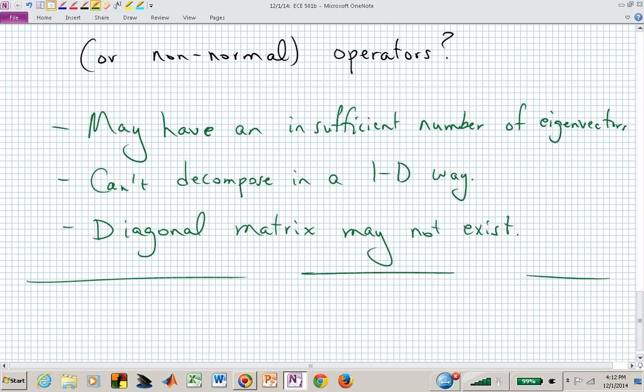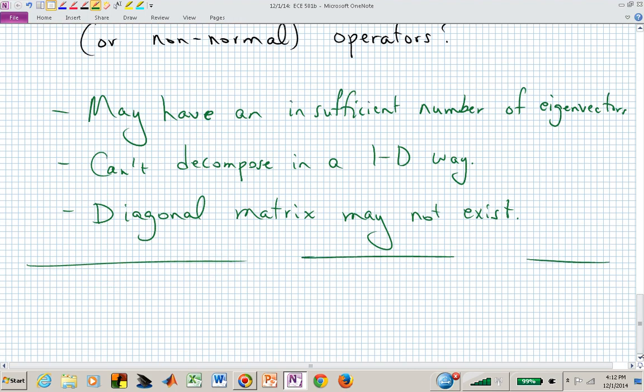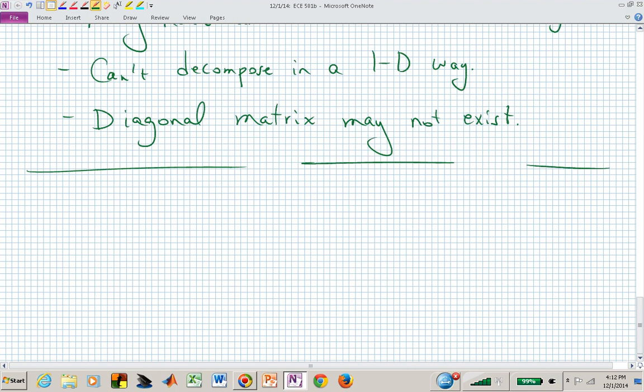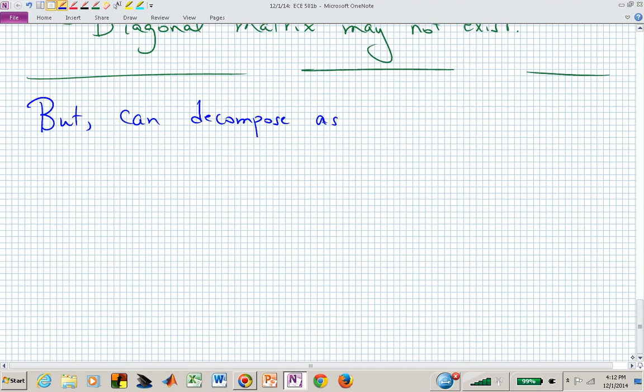And what we want to do is actually generalize this concept. Since we like to work with nice operators which are diagonal, it'd be nice if we could get them as close to diagonal as possible. What we will be able to do is decompose as a slightly different decomposition where now these subspaces may not be one-dimensional.